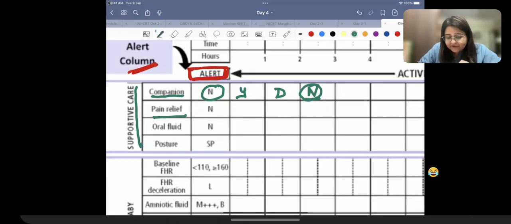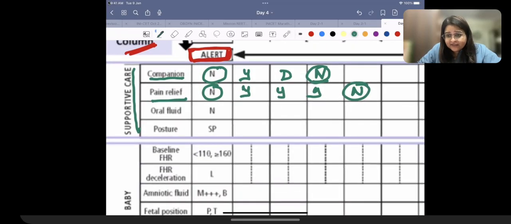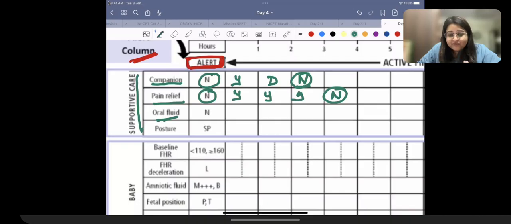Similarly, pain relief. If you're giving it, you write yes, or D if the patient declines. But if N comes, the patient has not got pain relief, it is an alert sign. You have to give the patient pain relief. Okay. Then oral fluids. If the patient is not taking them, it is an alert sign. In posture you have mobile and supine.